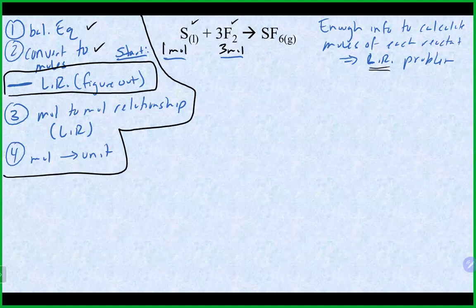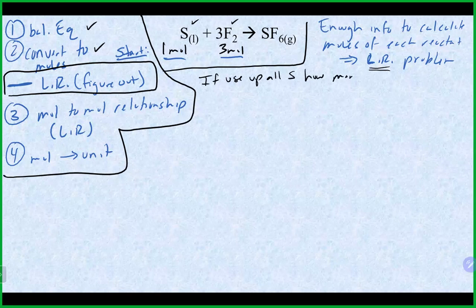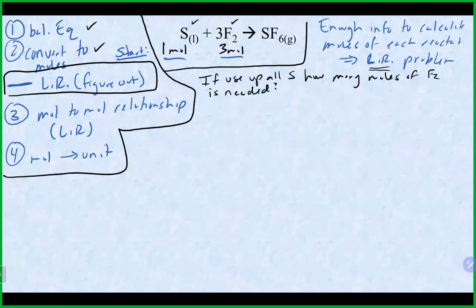So for example here, if I want to use up all of the sulfur, how many moles of fluorine is needed? So I'm just going to do a basic calculation between the two reactants.